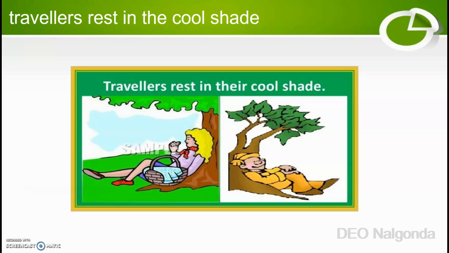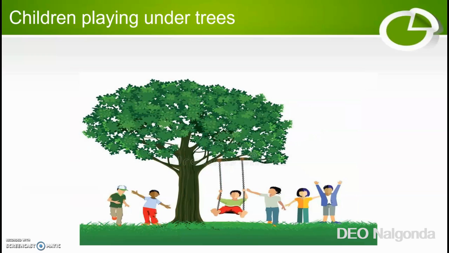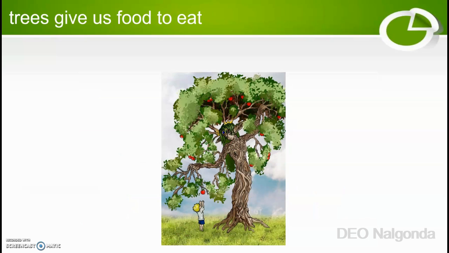Travelers are those who travel from one place to another place. When they get tired, they rest under the cool shade of the trees. And on the other slide you can see the children playing very happily under the trees. As all of you know, you too enjoy playing under the trees.